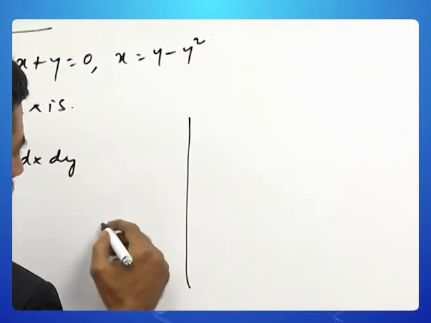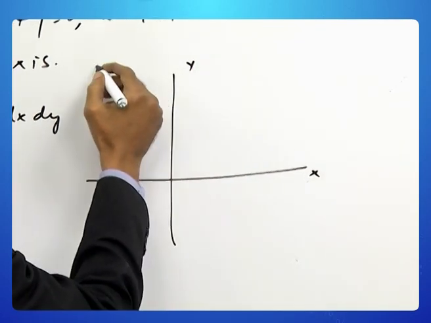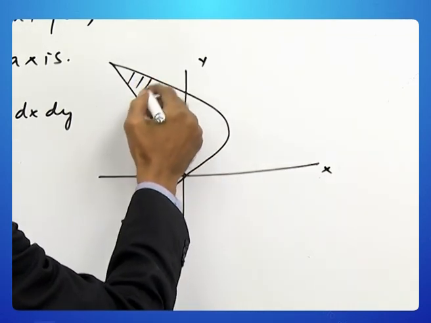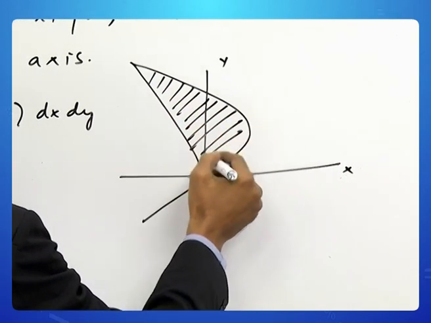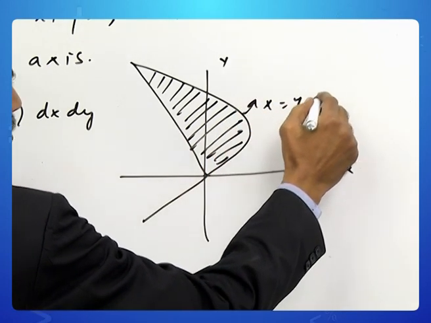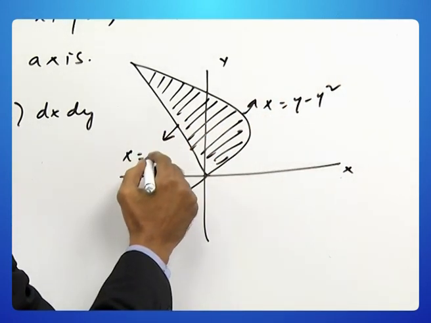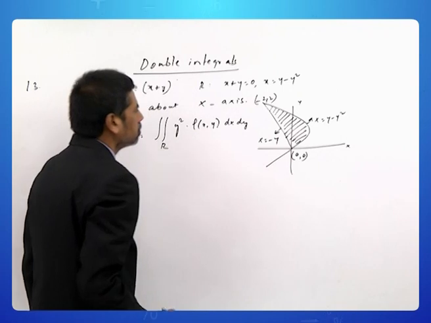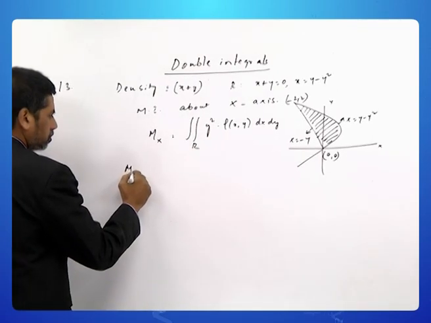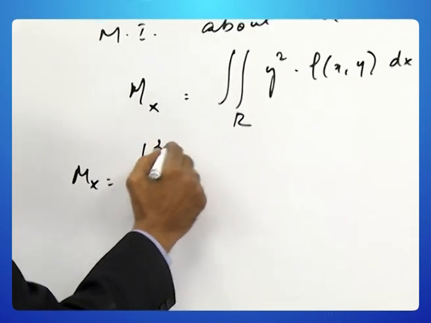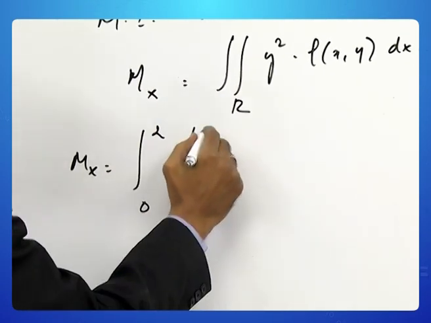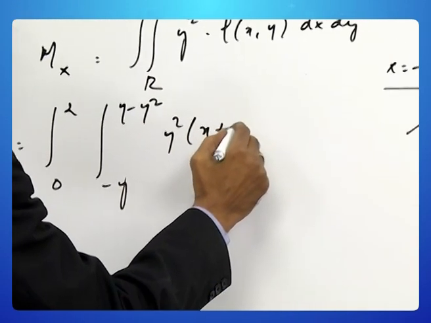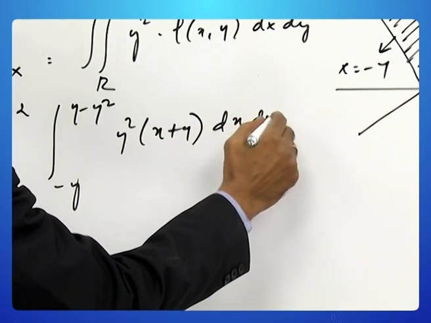The region of integration, so integral 0 to 2, integral minus y to y minus y squared, y squared into (x plus y) dx dy.